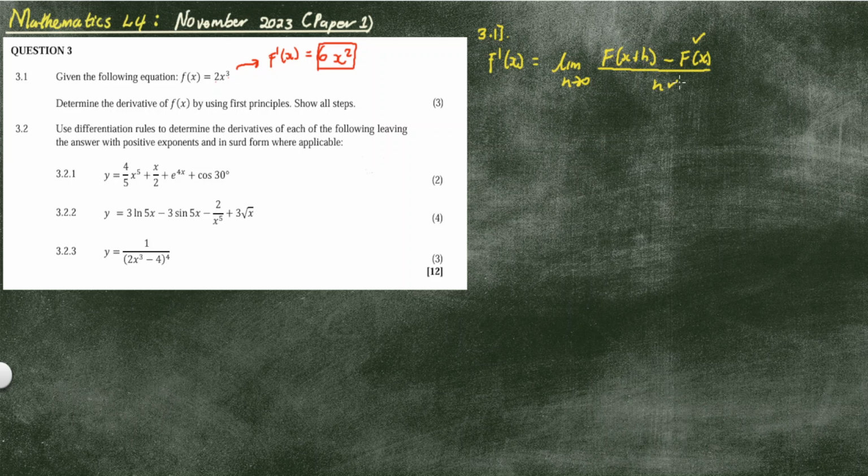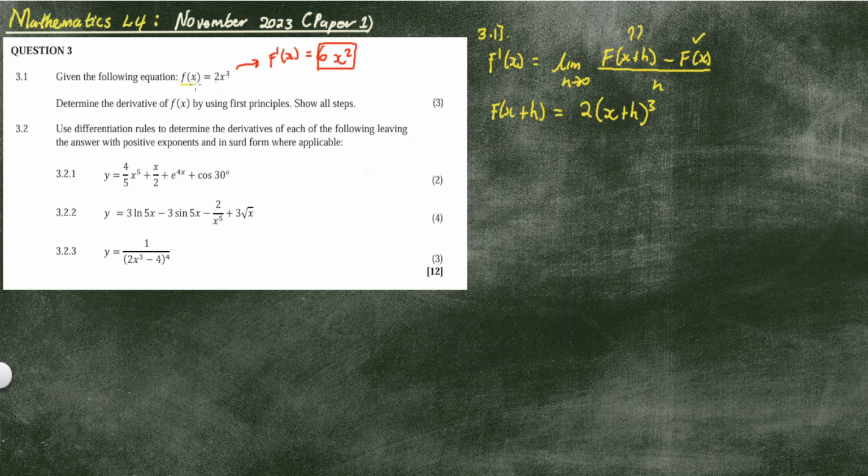We are also going to substitute h towards the end of our calculation, but we don't have f of x plus h. So this is the first thing we're going to calculate. I'm going to say f of x plus h is equal to 2 open bracket x plus h cubed, right?